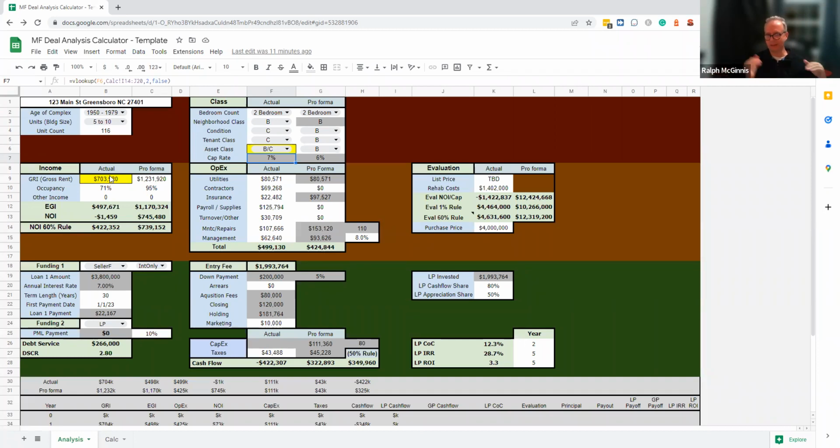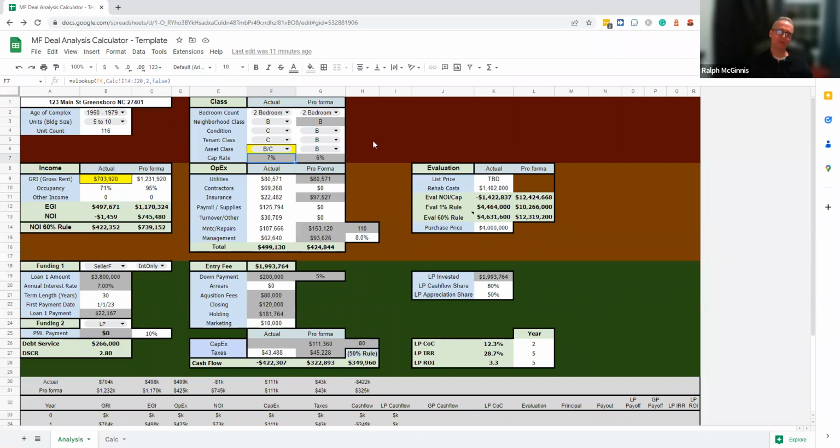So it might sound counterintuitive, since a cap 10 should mean a higher return on your money, 10%, but you don't really want to get into those typically because they're very high risk. So just be aware, if it's a cap 10, there's probably hidden things in the numbers that you don't realize. There's a lot of risk in that property and you may not want to take those on.